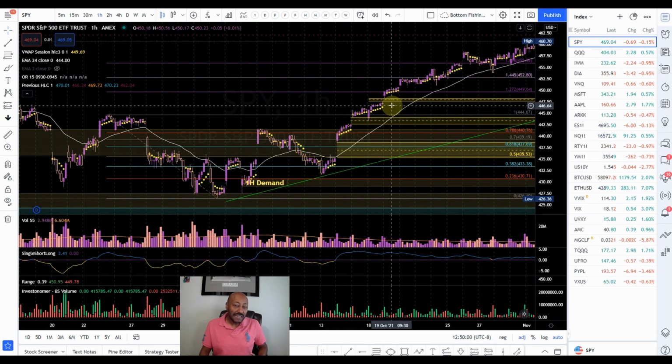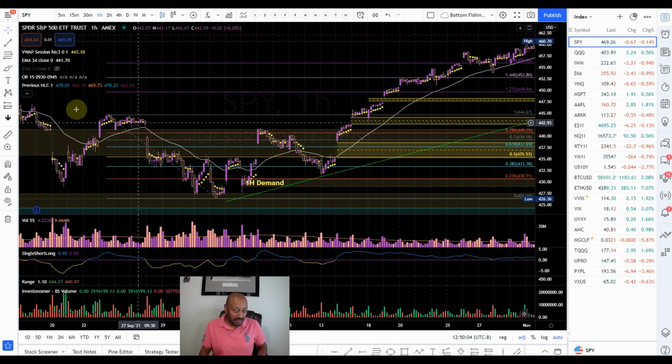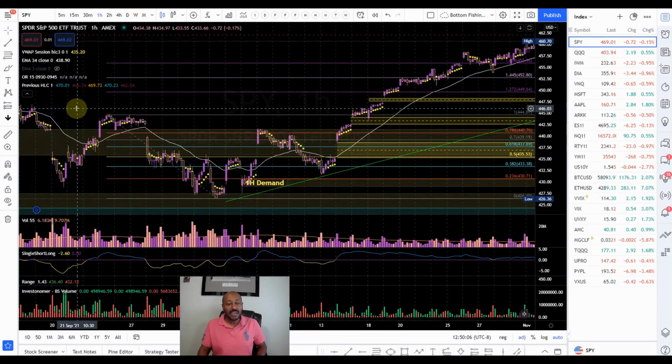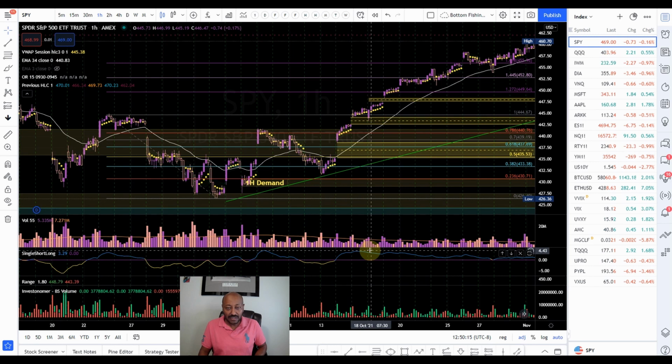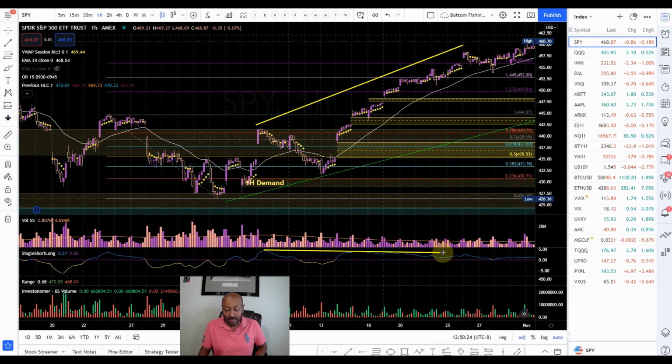And another way to also consider exiting is if you get the opposite signal. If you get a divergence, price makes higher high, but oscillator makes lower high. In this instance, we see this. This is a dying momentum.